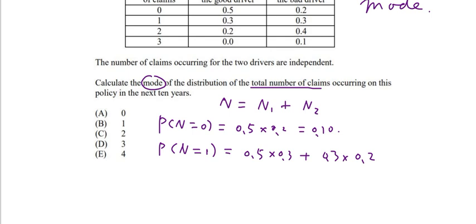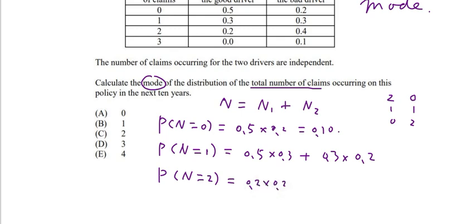And so n equals 2. So n equals 2, we have 3 cases. Can it be (2, 0), (1, 1), (0, 2), right? So just like that. So (2, 0) is 0.2 and 0.2.